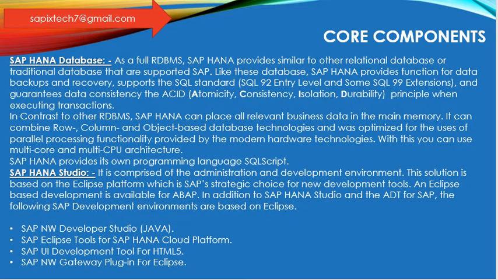But what is the difference between the SAP HANA database and a traditional database? In contrast to other databases, SAP HANA can place all relevant business data in main memory, isn't it? All relevant business data in main memory. It can combine row, column, and object-based database technologies.